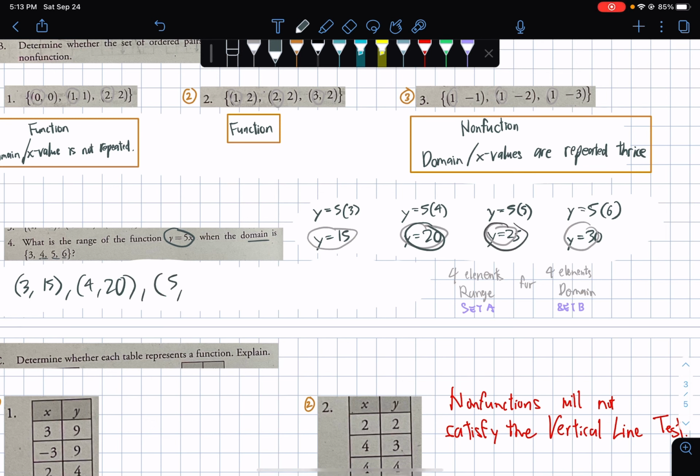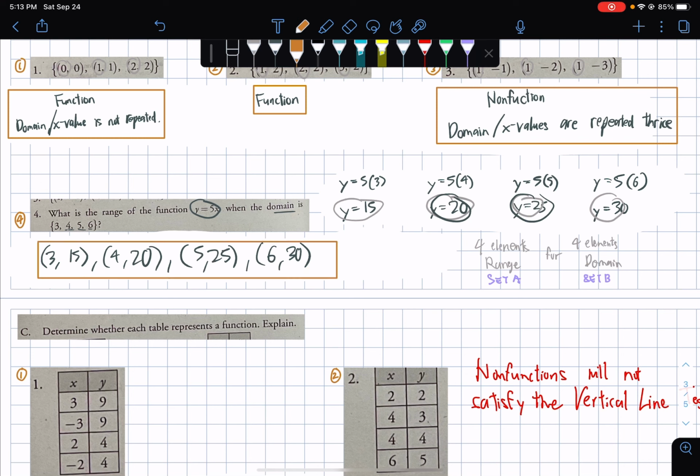So this is the final answer. What the question is actually looking for is 15, 20, 25, 30. Those are the range elements.